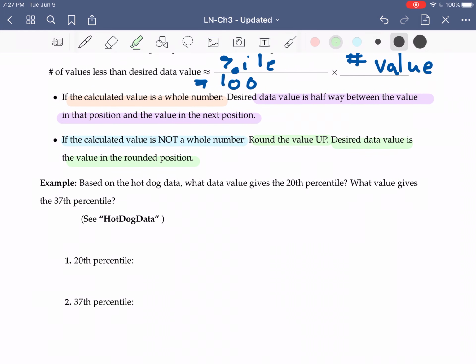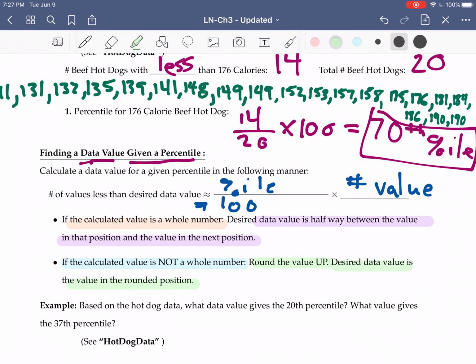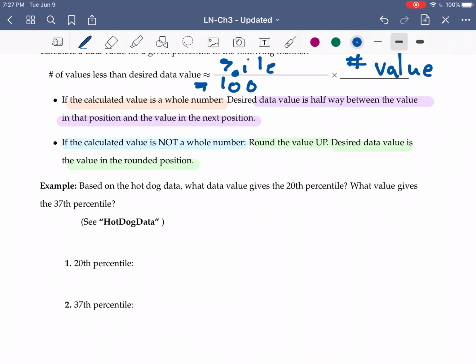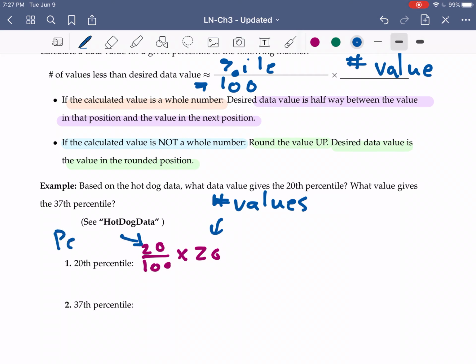All right, so let's go through two examples where we will end up with one of each different case. Using our hot dog data set, we'll refer back to this written out data set from above. Let's find what value gives the 20th percentile. We're going to take 20, divide that by 100, then multiply it by 20. The 20 here is the percentile, and the 20 there is the total number of values.